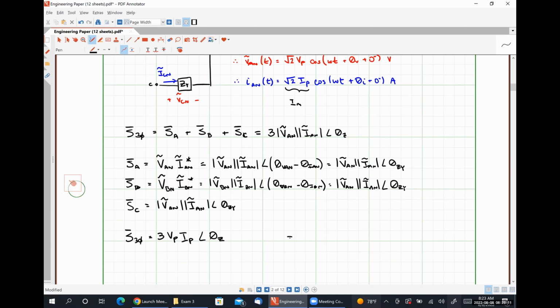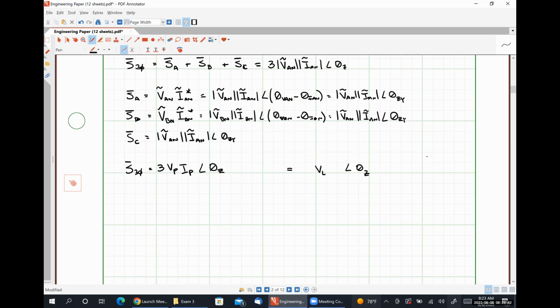So I'm gonna put equals, and then since our phase voltages and our line voltages are the same thing in a delta connected load, I'm going to put VL here because that represents what our line voltage is going to be. We also know that it still has to be related to the angle of the impedance, theta Z. But now we need to figure out what's going on with this 3 and IP.